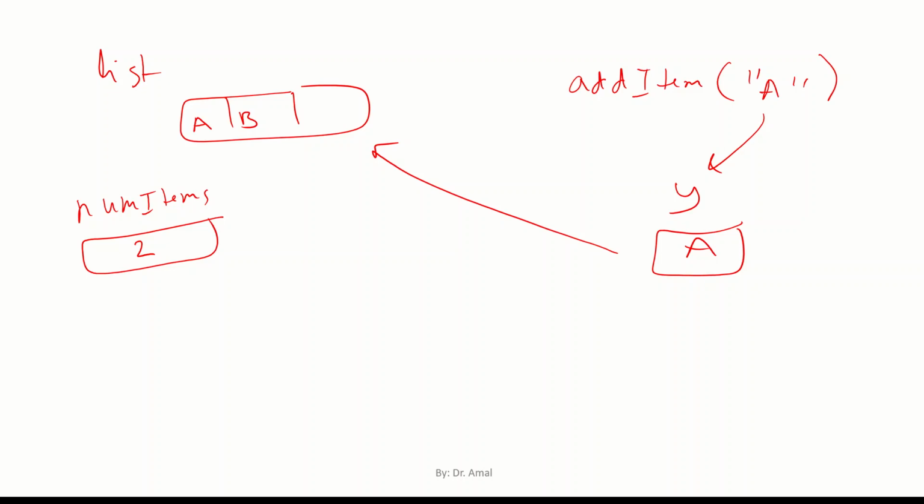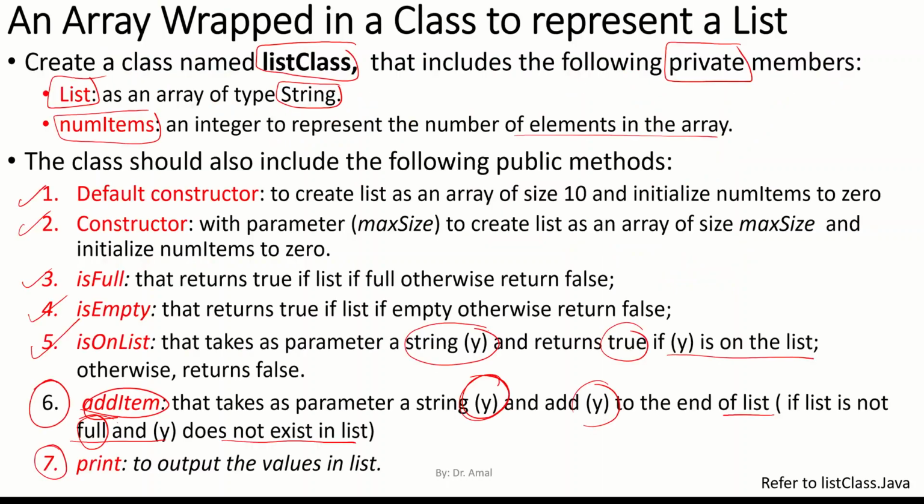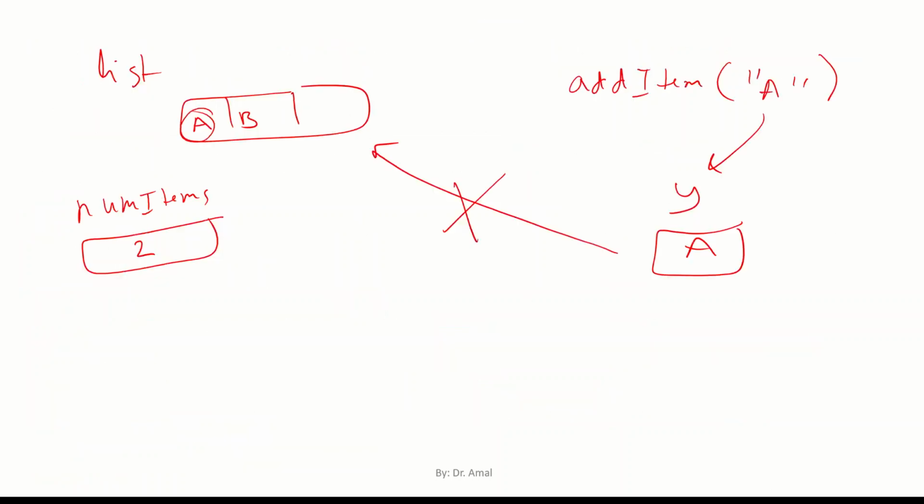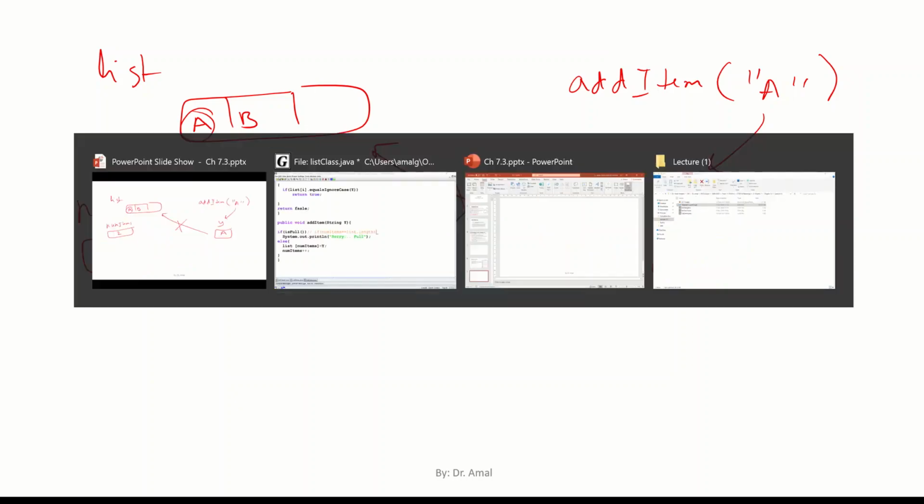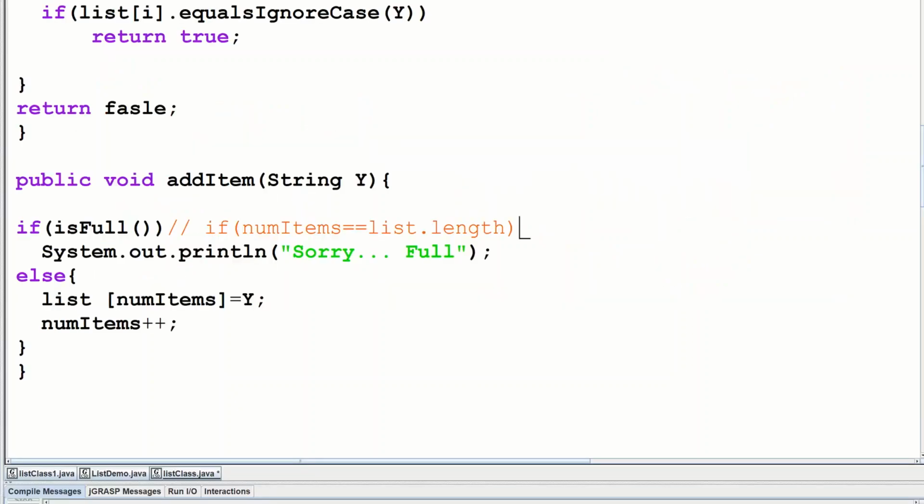The array is not full, still we have one more space, so we can add it, but actually this addition should not be done. And the reason is because A already exists in my array. So according to the rule we have here, if Y does not exist in your array, then you can do the addition. So if we go to our coding, already we did this method before.